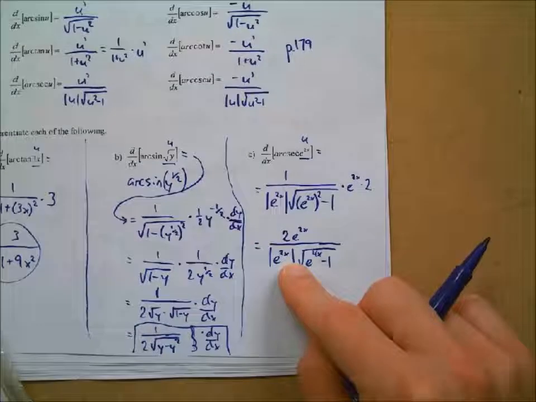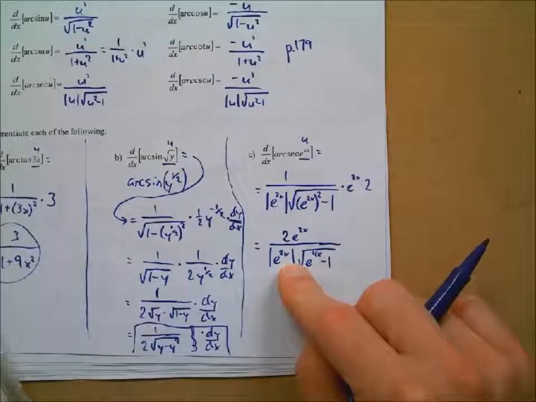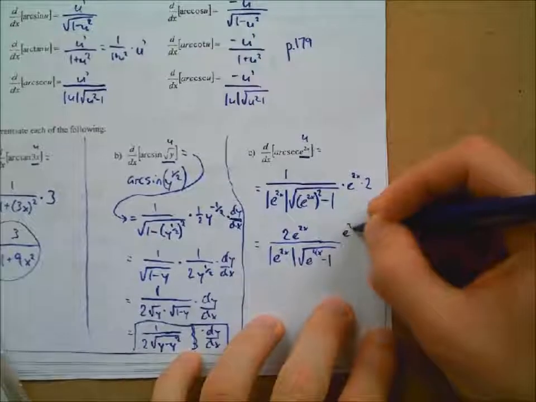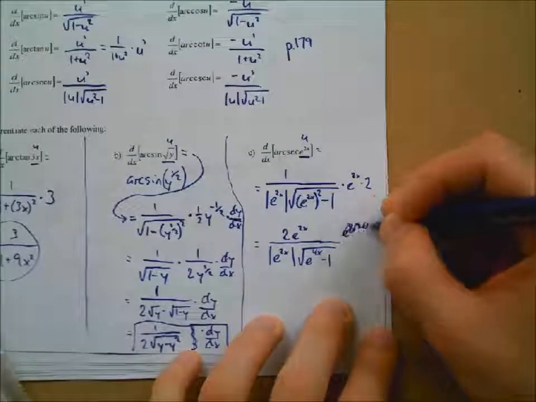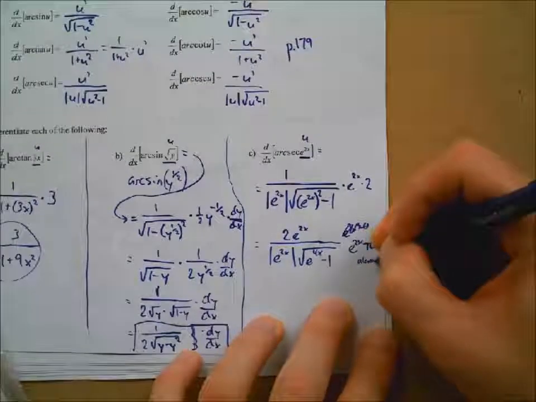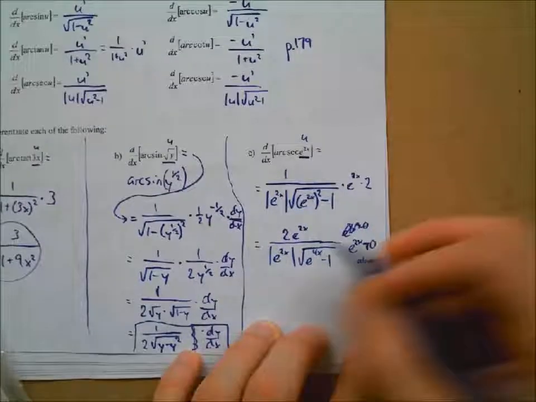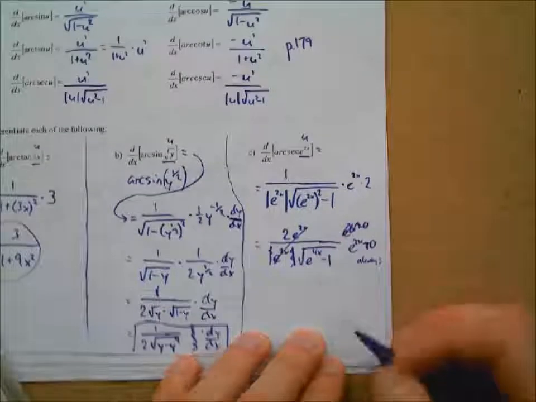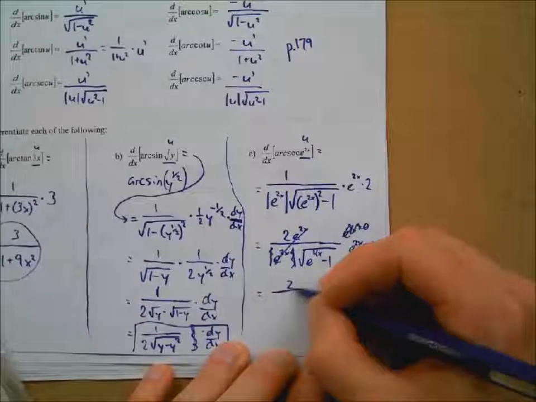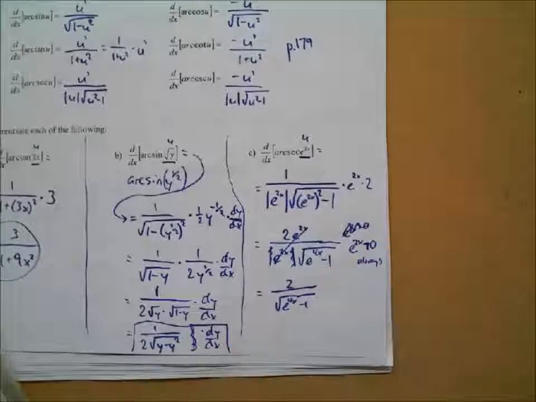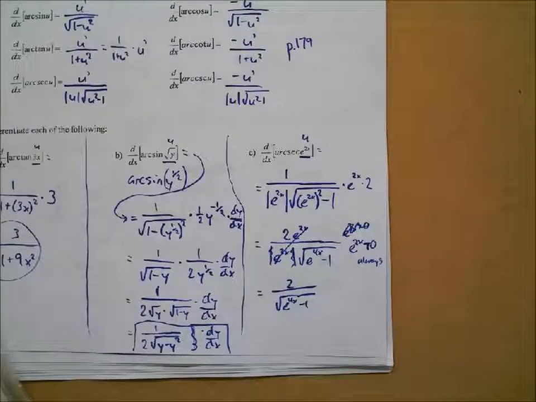Will we always be able to just drop these absolute value symbols? No. But in this situation, since e to the 2x is greater than 0 always, we can go ahead and drop these absolute value symbols, which then allows us to cancel out there and say 2 over the square root of e to the 4x minus 1. And so that is our final answer right there.